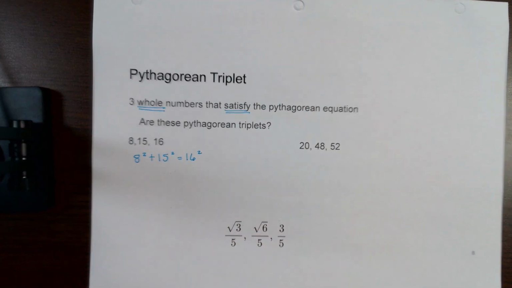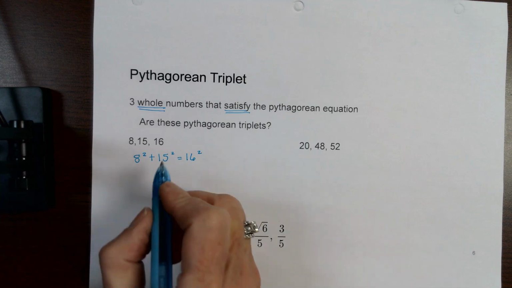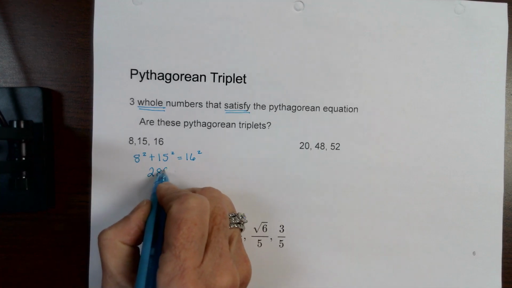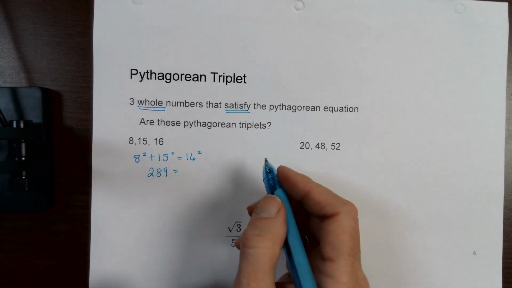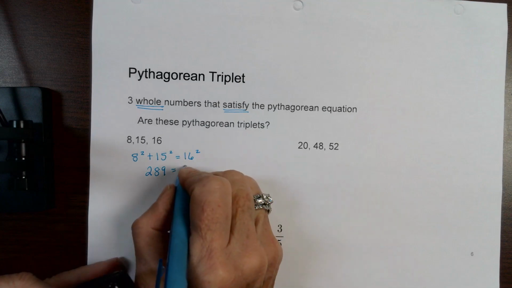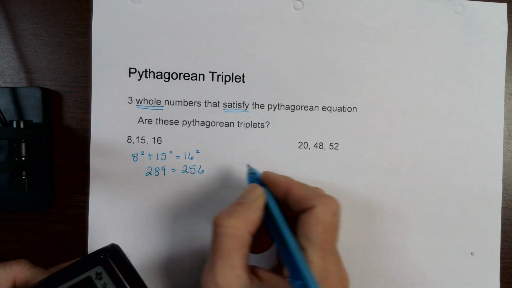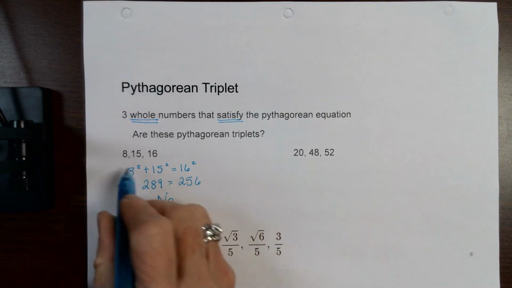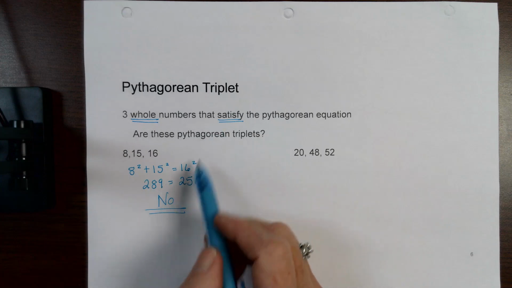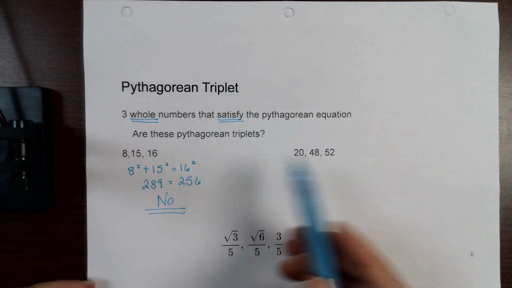If I take my calculator, 8 squared plus 15 squared is going to give me 289. 16 squared is equal to 256. So therefore, this would be no. They are whole numbers, but they do not work in the Pythagorean equation.